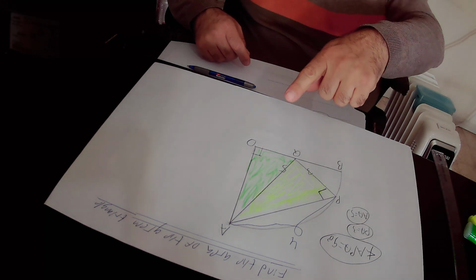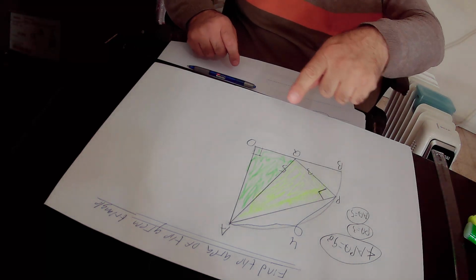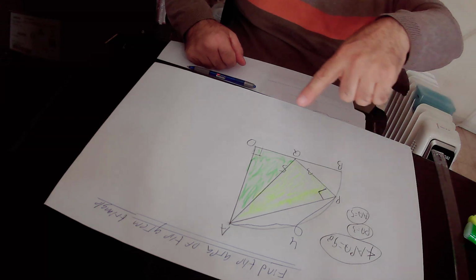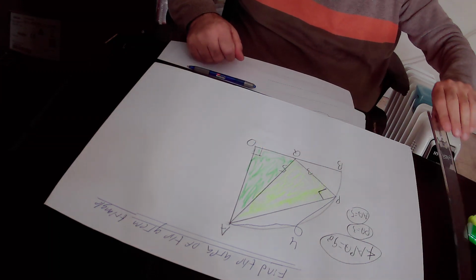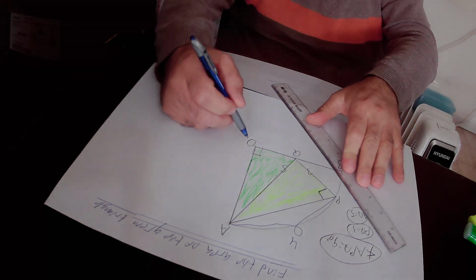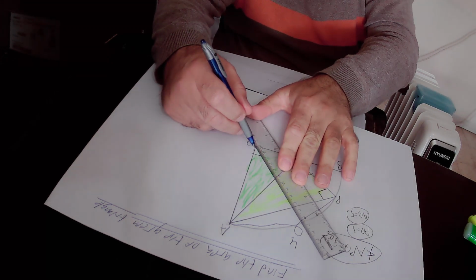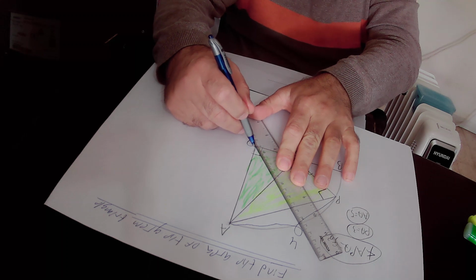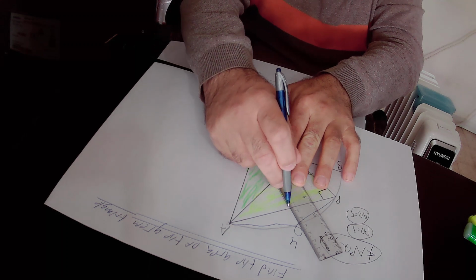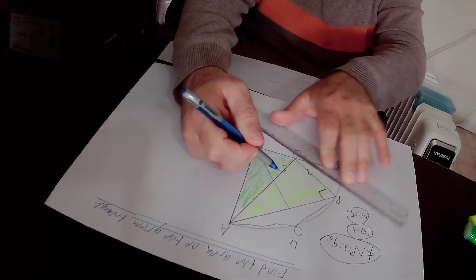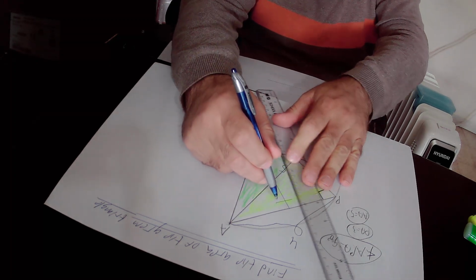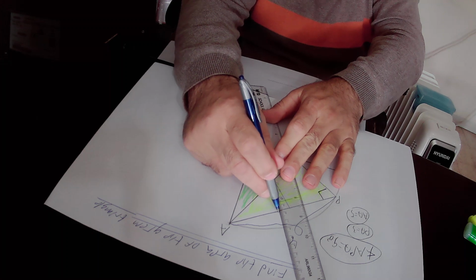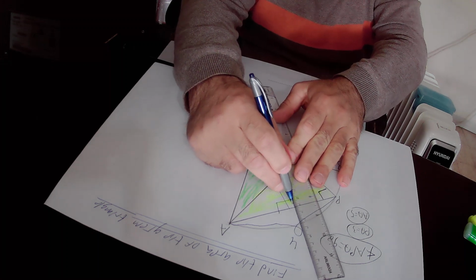From the center of the circle, that is to say from point O, we will draw a perpendicular on chord AP. So, this angle equals 90 degrees and this angle equals 90 degrees according to our construction.